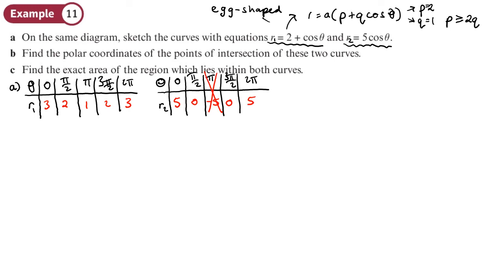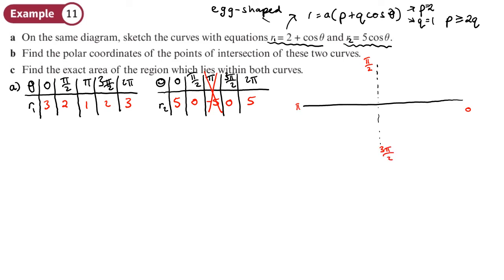So I've got a lovely set of values here which I can use to sketch these two curves, knowing that one of them is egg-shaped. So I'll do the egg-shaped one first. So let's put 0, pi over 2, pi, 3 pi over 2.